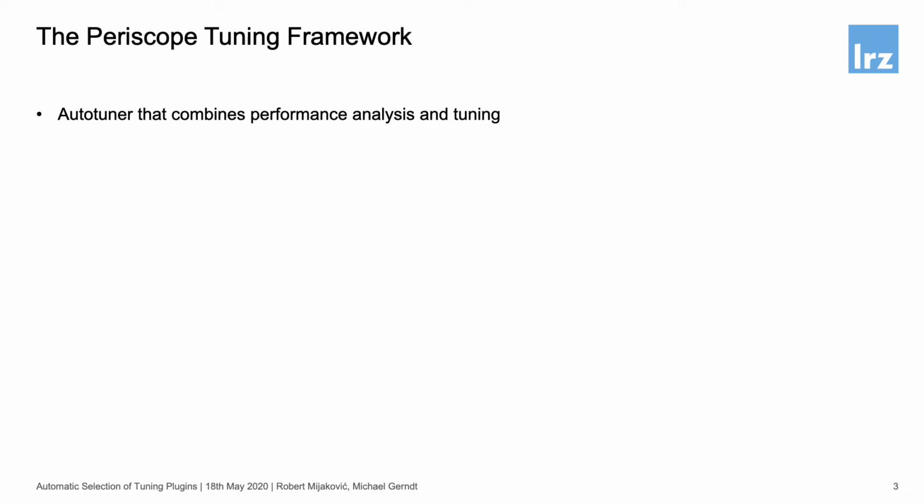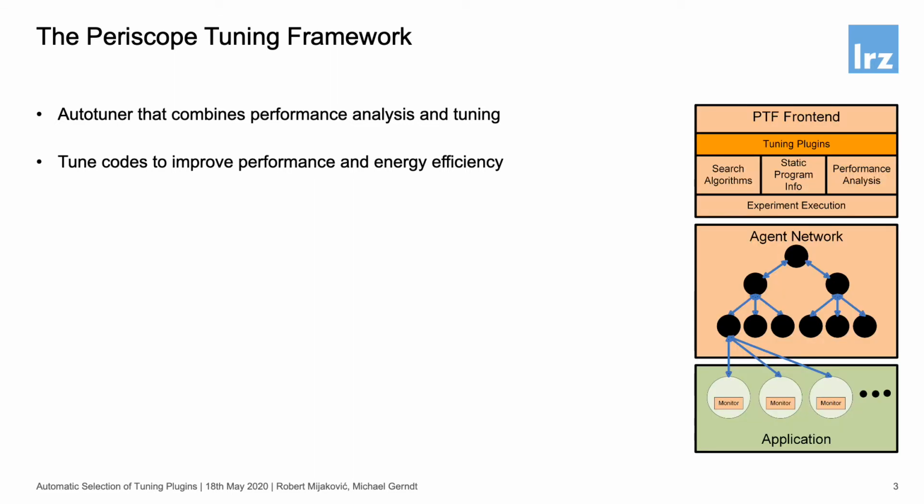PTF focuses on two objectives while tuning codes: to improve their performance and energy efficiency. It is a distributed tool that could, because of its hierarchical structure, scale on exascale machines and be capable of tuning programs with thousands or even millions of processes.